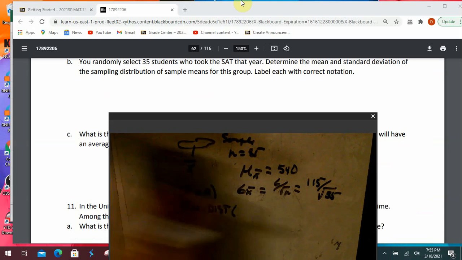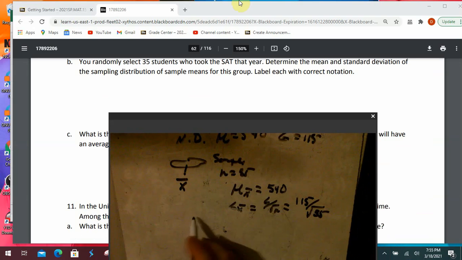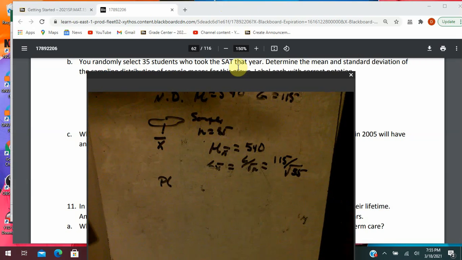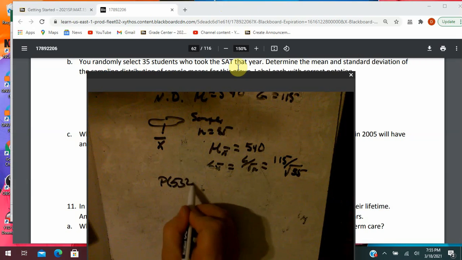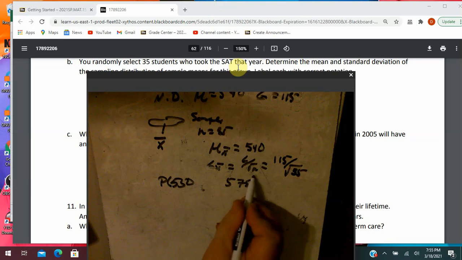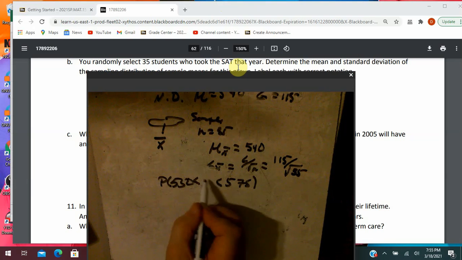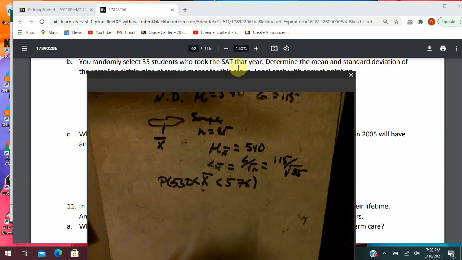So this is asking, what is the probability between 550 and 575, sandwiched in, and not X, an individual, but the mean of the sample. The mean of the sample.